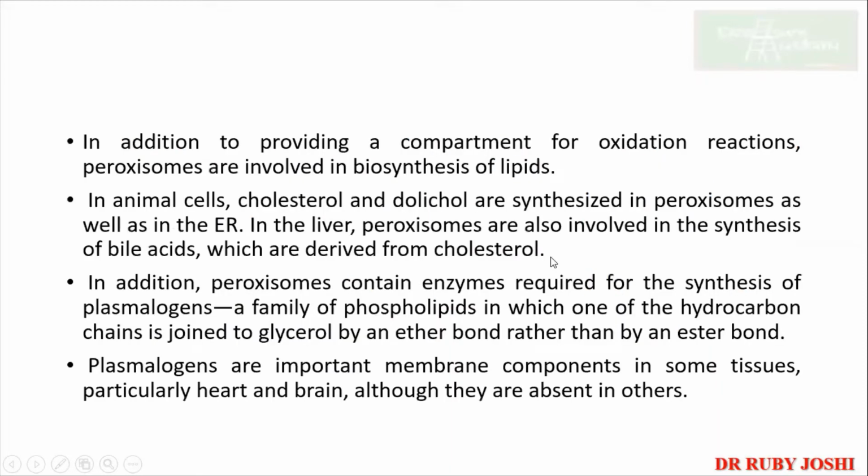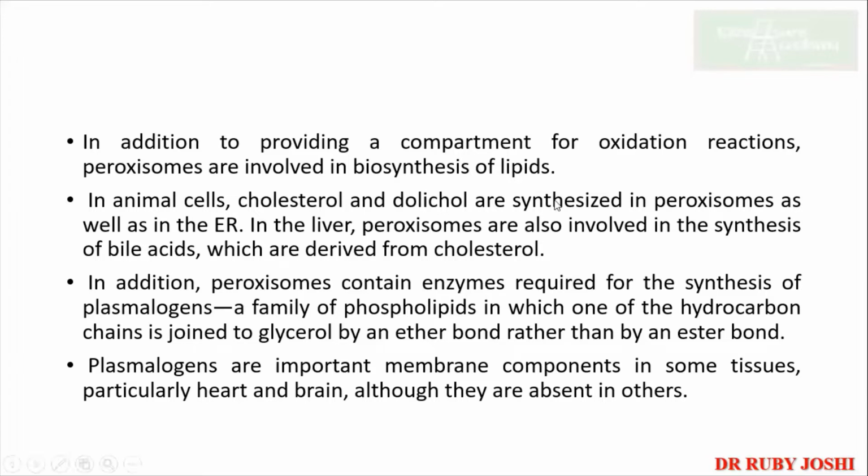Now, in addition to providing a compartment for oxidation reactions, they are also involved in the biosynthesis of lipids. Here, see, we saw earlier that lipid synthesis also happens in the smooth endoplasmic reticulum, right? We have seen that in the Golgi also. Now, we are saying it is also happening in the peroxisomes, but it is meant for a specialized type of lipid synthesis.